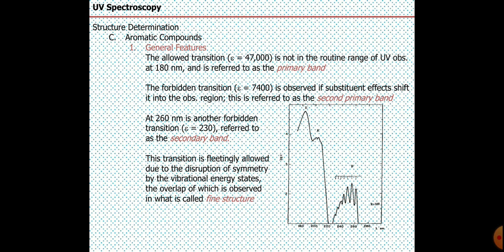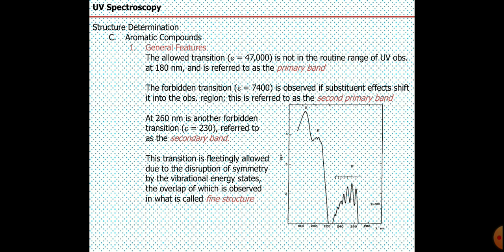You can see that the allowed transition occurs at 47,000 centimeter inverse, which is not in the routine range of the UV region, at 180 nanometer, and this band is known as the primary band. The forbidden transition is observed if a substituent is present over the ring, and this band is known as the secondary band or second primary band.